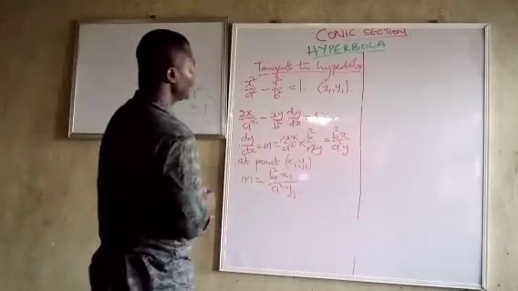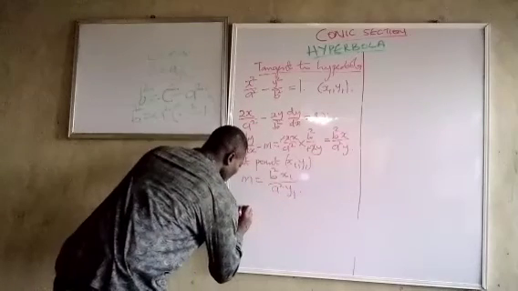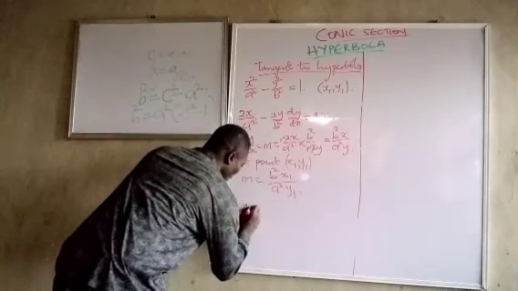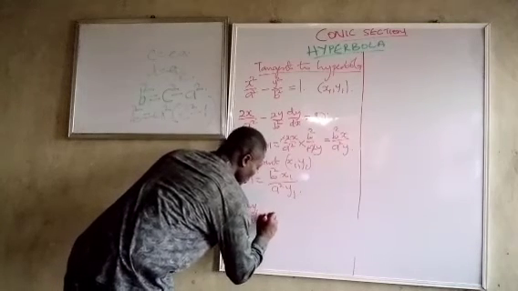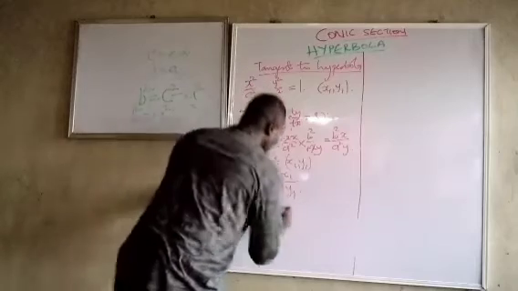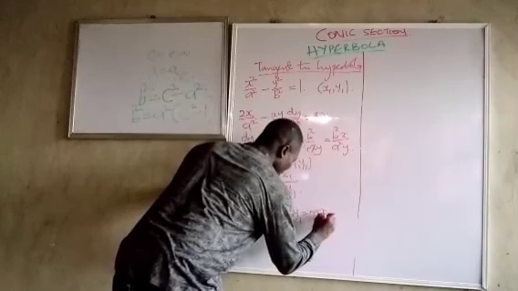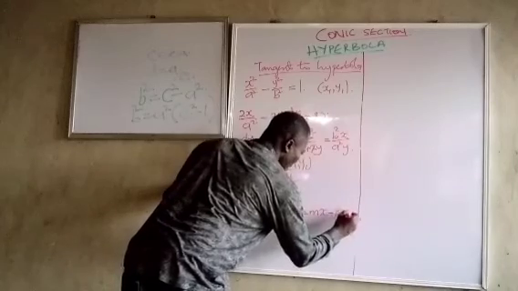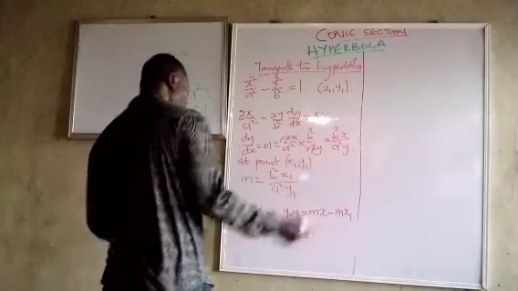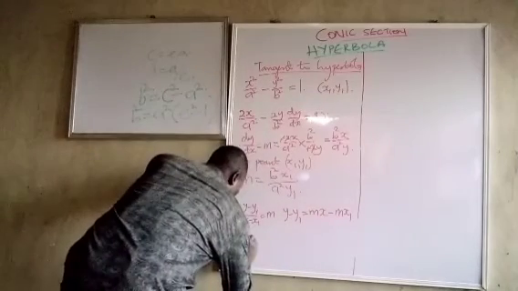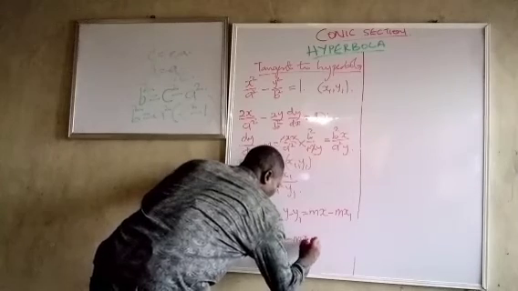And you know, the tangent equation will be something like this: (y minus y1) over (x minus x1) is equal to n. Therefore, we have y minus y1 is equal to nx minus nx1. So, let's make it like this: y minus nx equals y1 minus nx1.